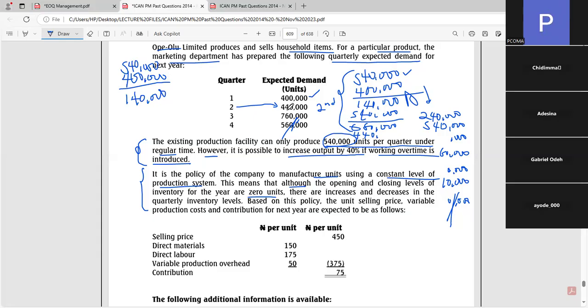What I am supposed to do is to produce the difference between 440 and 140, which is 300. That's what I'm supposed to do because I don't want to waste material. Since I already know that my customers are only demanding 440, I'm supposed to produce 300 to make it 440. But the reason why I am not doing this is because the company has a policy that despite the opening and closing stock, you are bound to produce the exact 540.